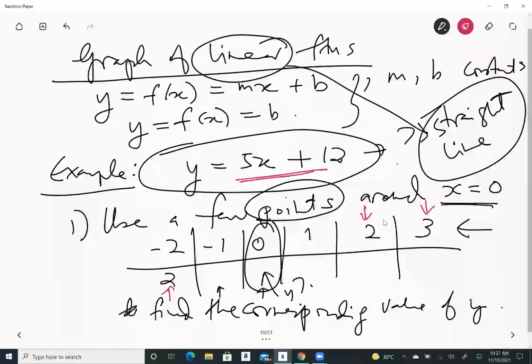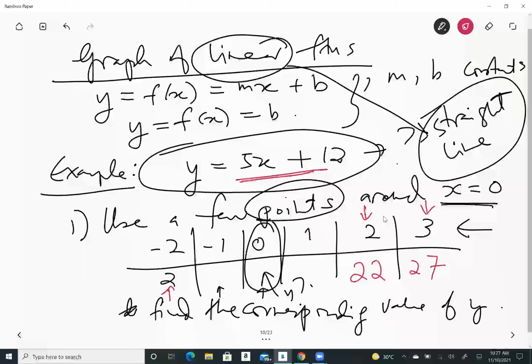When x equal to 2, y is equal to 22. 2 times 5 is 10, 10 plus 12, 22. When x equal to 3, we have 3 times 5 is 15, 15 plus 12, 27.